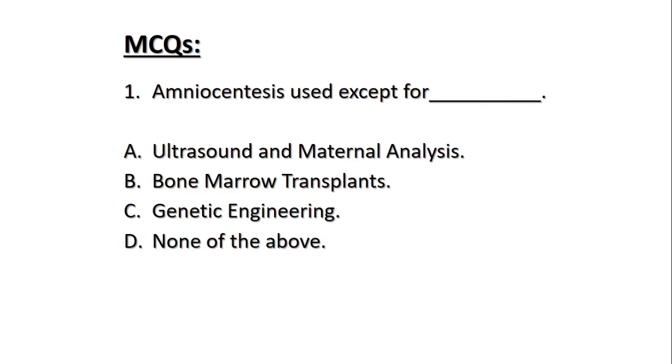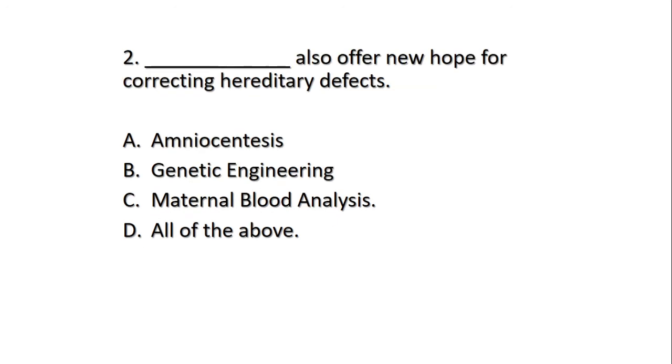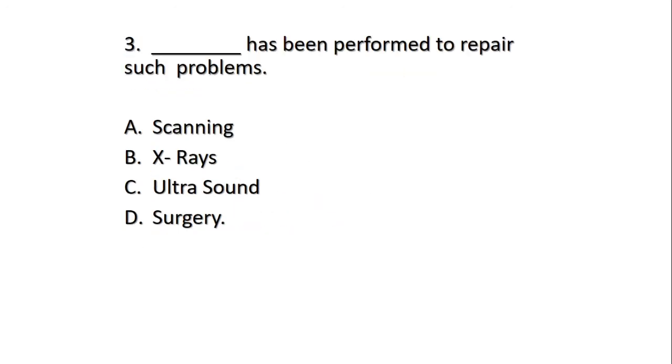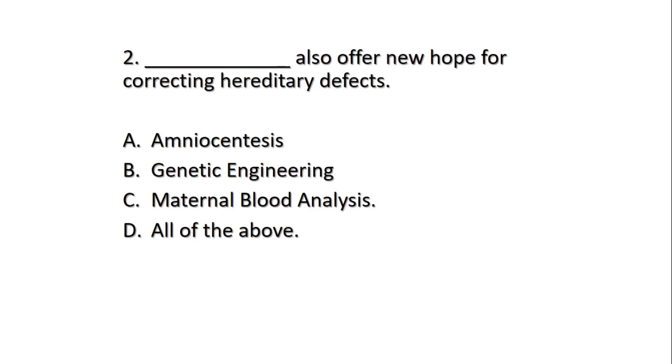So you have to find out the answers. See, amniocentesis is used to detect, for which method? Find out the answer: ultrasound, maternal blood analysis. Then, dash also offers new hope for correcting hereditary defects. I have already mentioned the answers while explaining the presentation: amniocentesis, genetic engineering, maternal blood analysis, or all of the above.